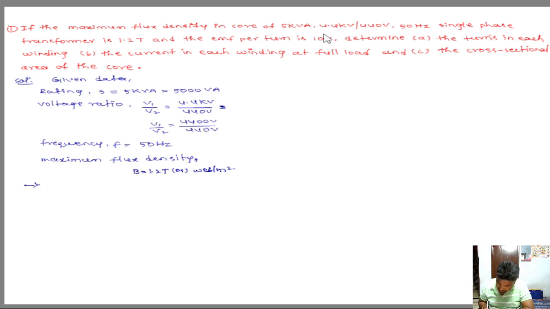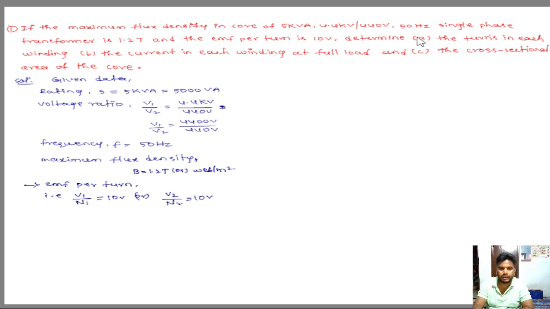That is, V1 by N1 is equal to 10 volts, or V2 by N2 is equal to 10 volts. This is the data given in the question.